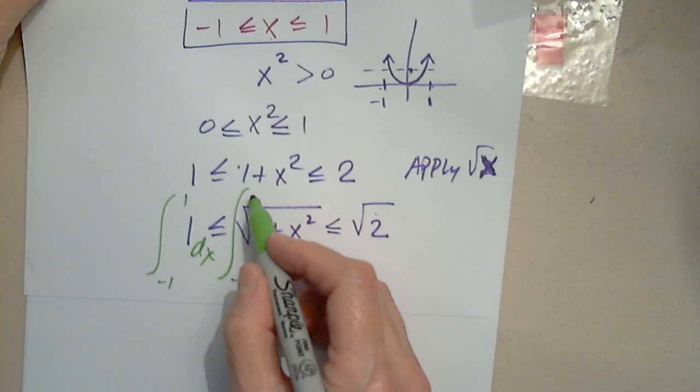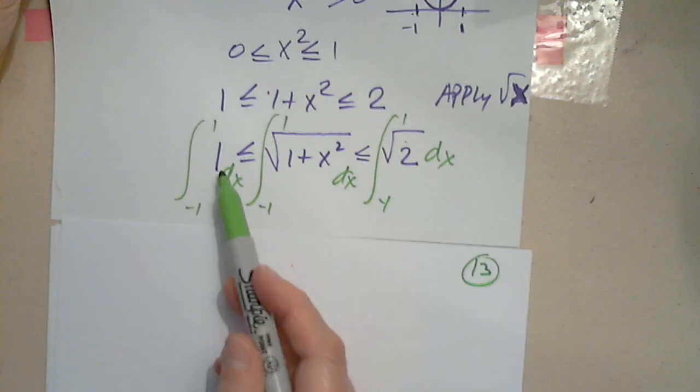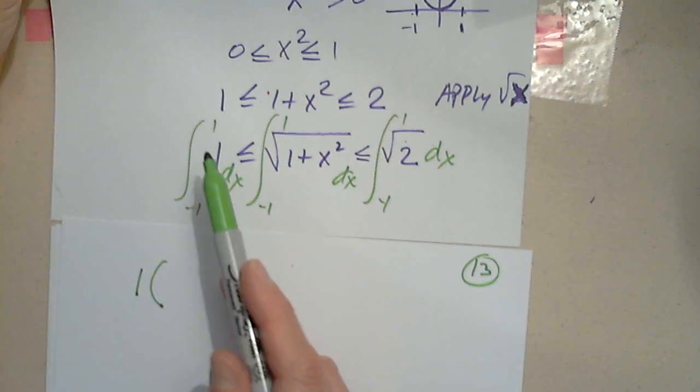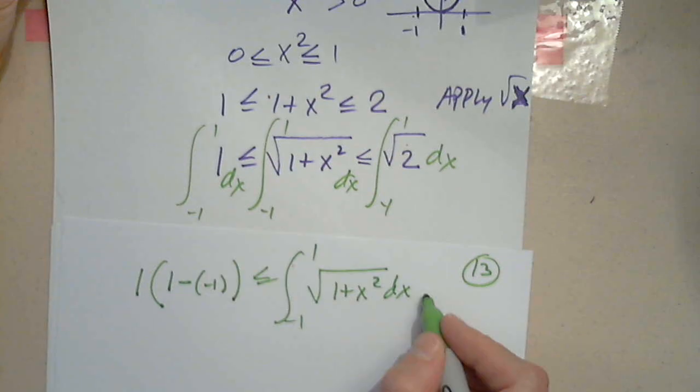The left-hand side, remember, is 1 minus negative 1, less than or equal to the integral from negative 1 to 1 of the square root of 1 plus x squared dx, and less than or equal to the square root of 2, in parentheses the same thing, 1 minus negative 1.